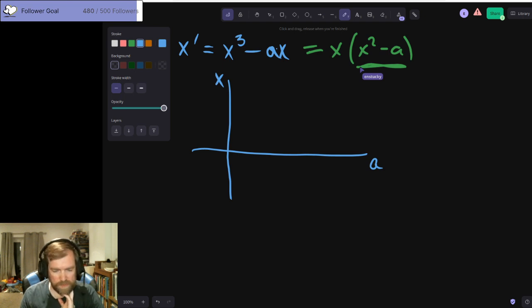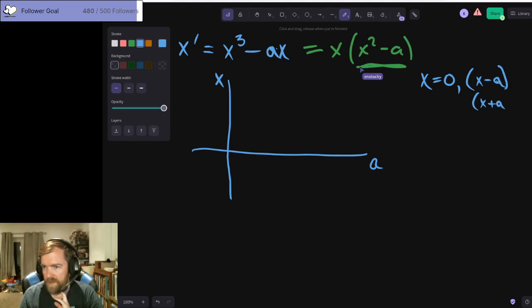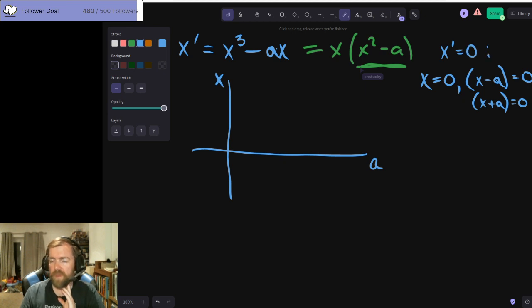Right, so in this particular case, x prime is going to be equal to 0 if we have these 3 options, right?